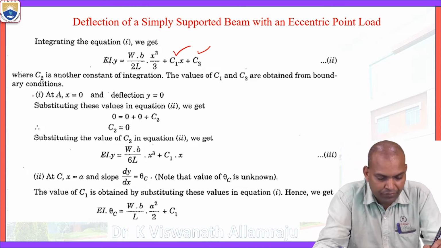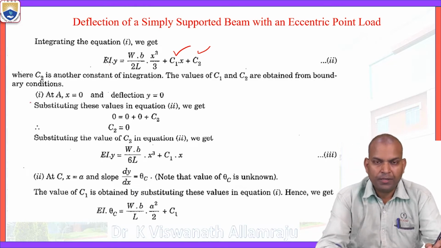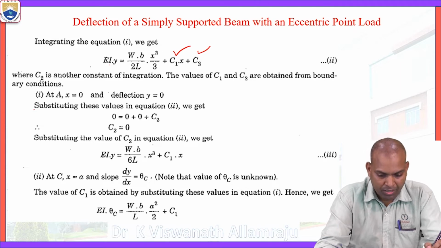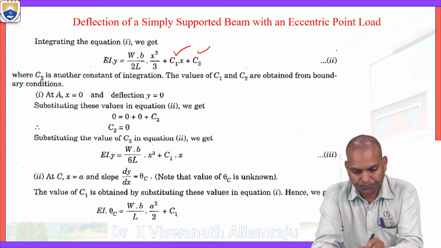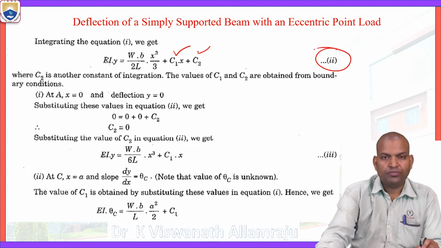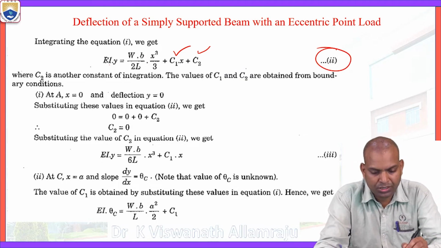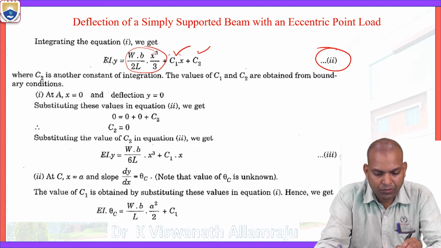Now by using the first boundary condition at support A, x equal to 0 and deflection y equal to 0, substituting these values in equation 2, the value of C2 will be obtained. At x equal to 0, this term becomes 0 and C1 term also becomes 0.